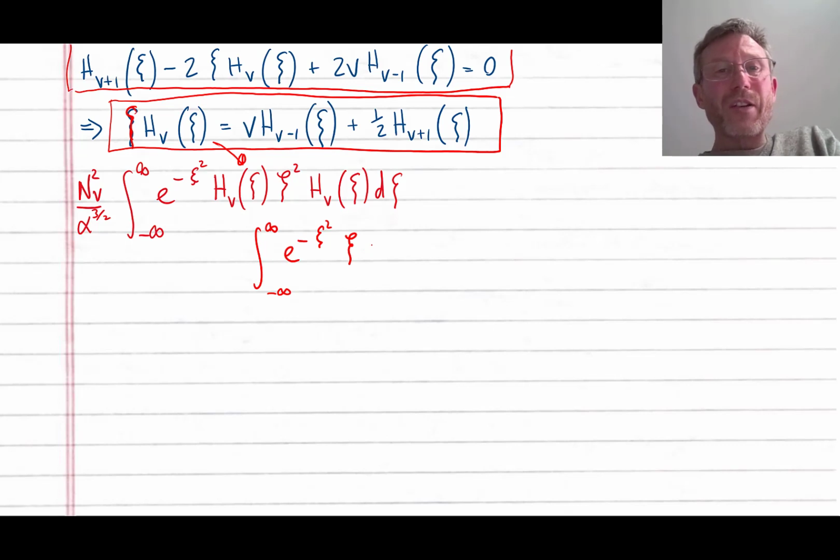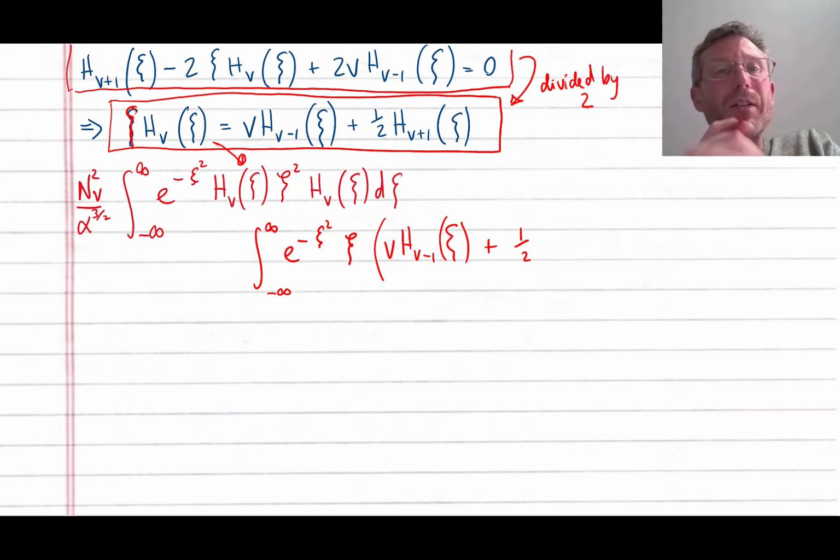It's an odd function in and of itself, and then I'm going to replace it by these brackets in here. I'm going to plug in v, H_{v-1} function of xi plus 1/2. So what I've done basically here is I've divided by 2 across the board as well.